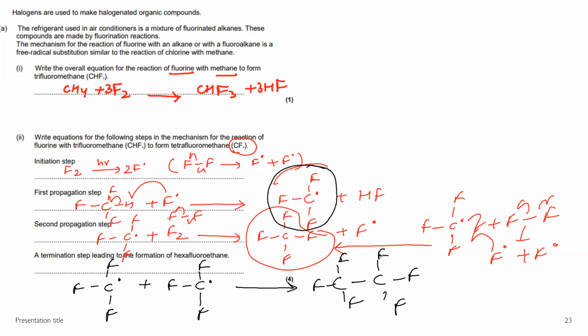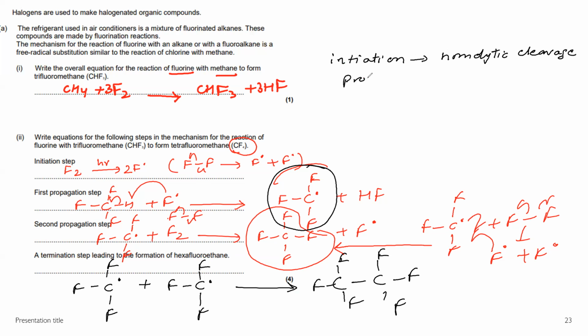Fine. So just remember, in the propagation steps, you will get radicals. And in the termination step, you won't get the radicals in the end product. And initiation is always the homolytic cleavage.